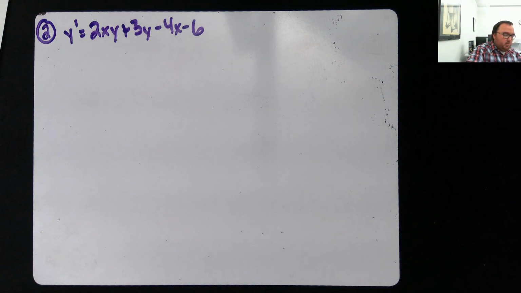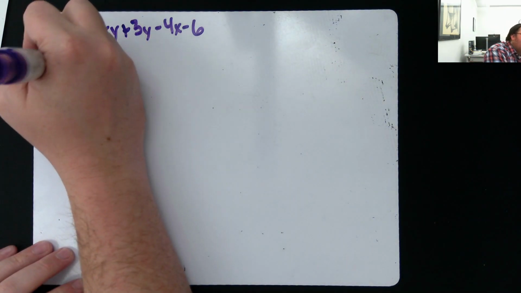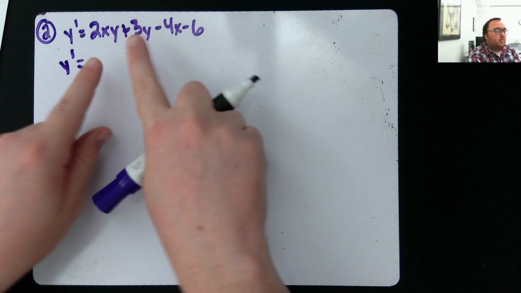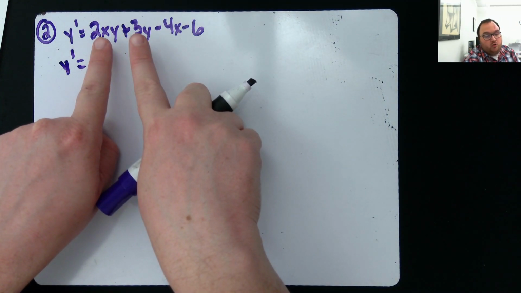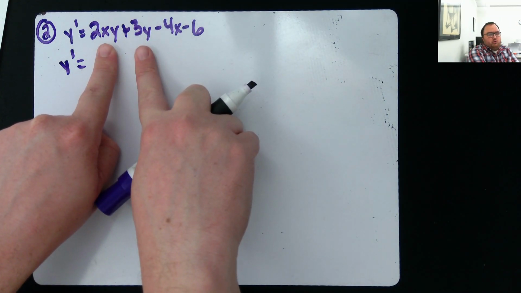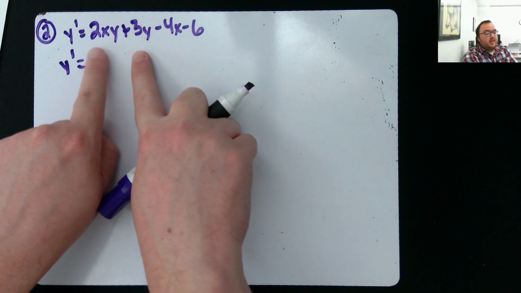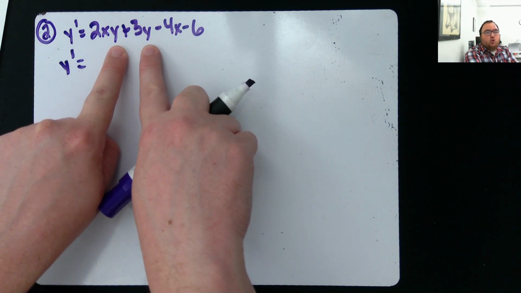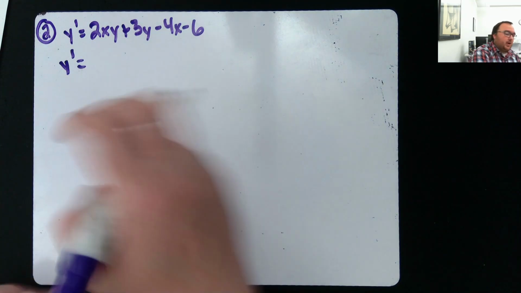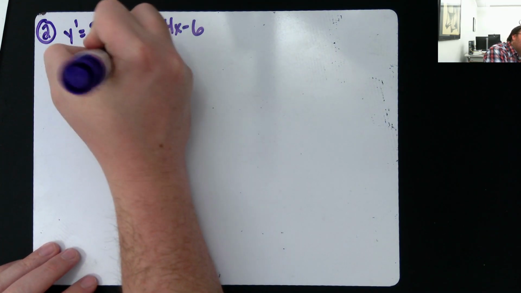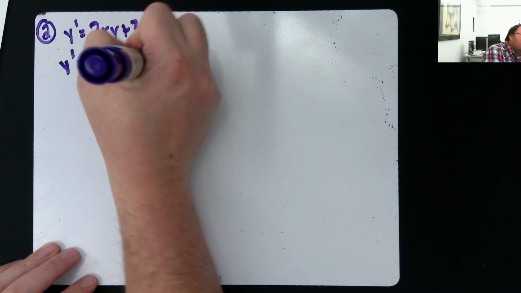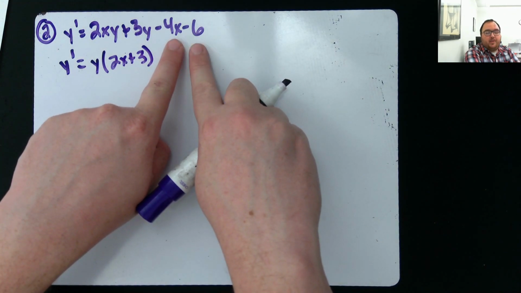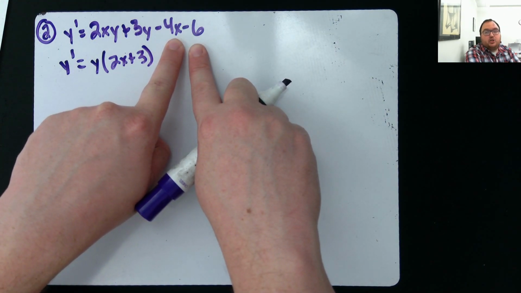So for example, what do the first two terms have as a common factor? Both of these have a factor of y. So from my first two terms, let's factor out a y, which leaves me with 2x plus 3. What about over here? Both of these have a factor of negative 2.